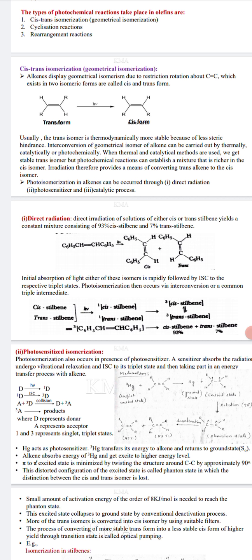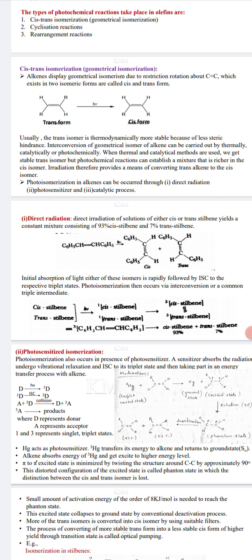Interconversion of these geometrical isomers of alkene can be carried out thermally, catalytically or photochemically. When thermal and catalytic methods are used, the stable isomer is formed, but the photochemical reaction gives a mixture in which the cis isomer is richer in percentage.